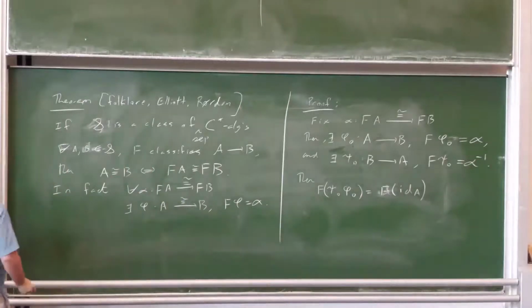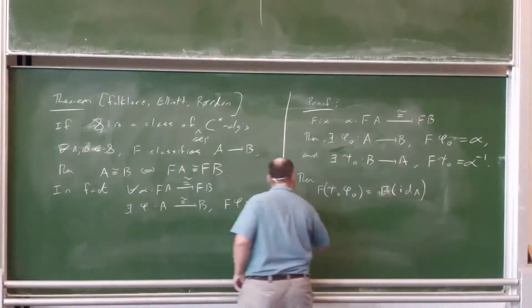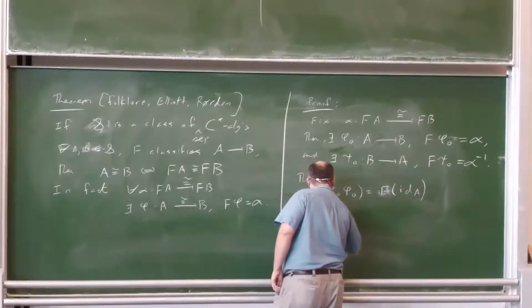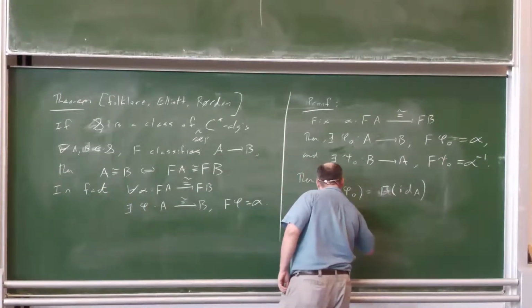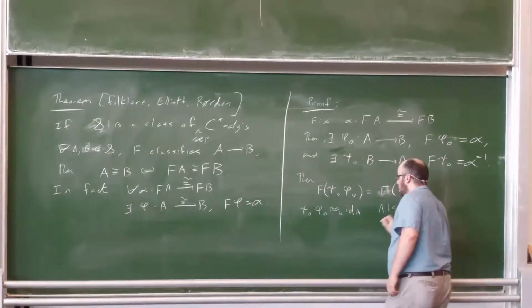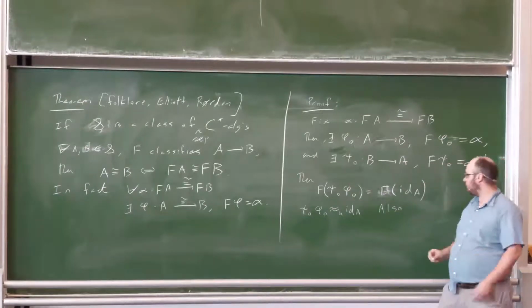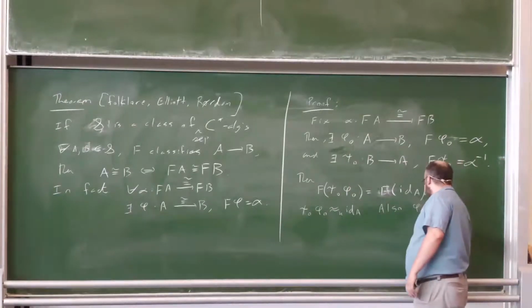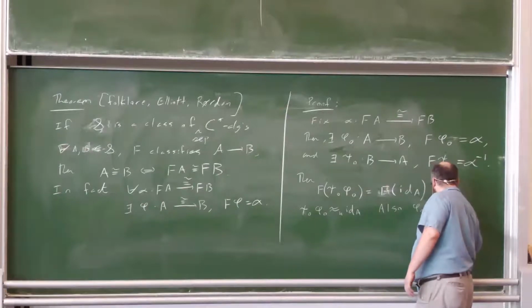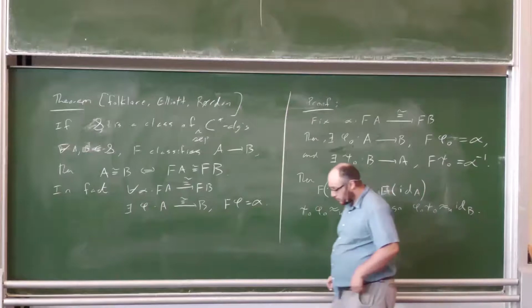So by the uniqueness applied to maps from A to A, psi naught phi naught is approximately unitarily equivalent to the identity on A. And you can play the same game flipping the roles of phi and psi, and you get the other condition.